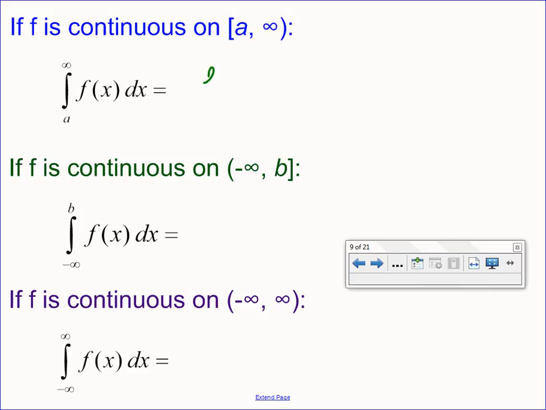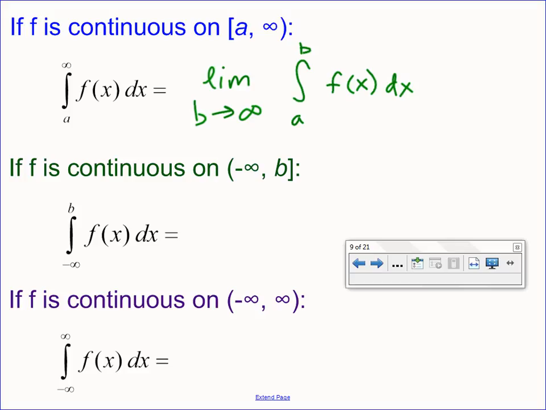So I'll let b, my upper limit, go to infinity, and try to evaluate this improper integral. So we'll take the limit as b goes to infinity of the integral from a to b, which I know how to evaluate, of f of x dx, and that's exactly what we did in our warm-up problem.